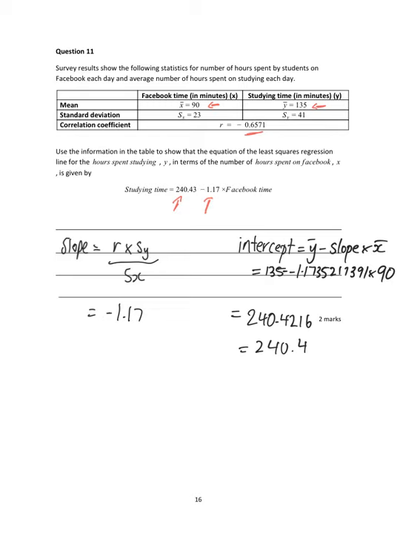What's going on there? Is that a mistake? 135 plus, yep, because it turns into a plus 1.1735.